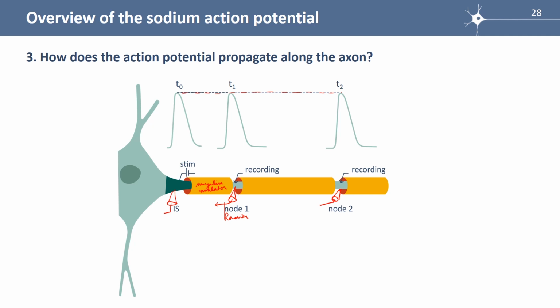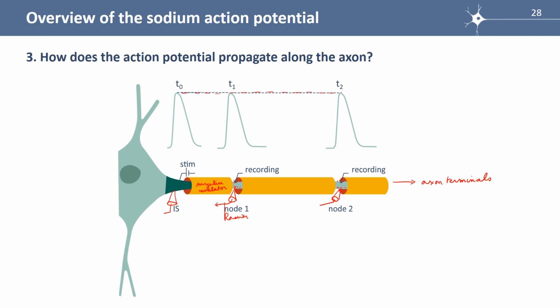And also, it is recreated at each node of Ranvier because here you have a lot of sodium channels, and they are open, in fact, by the depolarization coming downwards. And this is the same down to the axon terminals. It propagates from node of Ranvier to the following node of Ranvier.